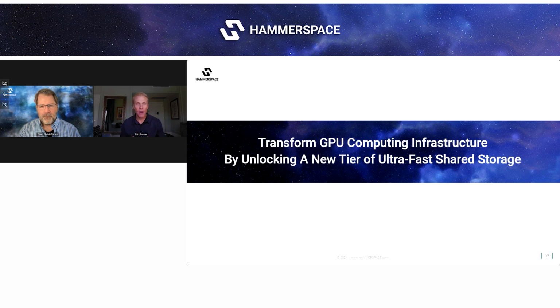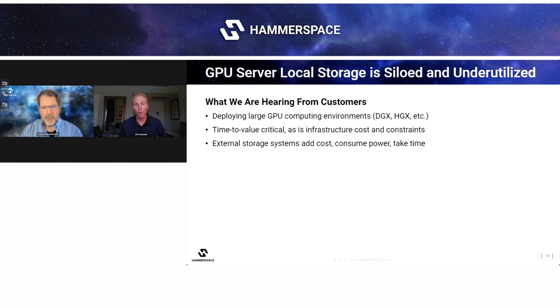So if you have an NVIDIA DGX BasePOD, if you've got a SuperPOD, you're going to want to pay attention. If you have GPU servers in place today, you're really going to want to pay attention to this. And if you're thinking about investing in additional GPU servers, this new innovation from Hammerspace will have a big effect on your infrastructure. So let's get into it. Hammerspace is a data platform for distributed file and object data.